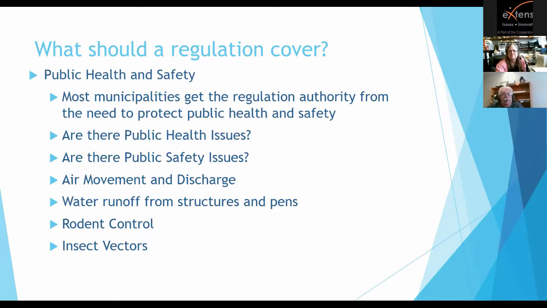So when they start talking about regulations, many times you will see it says in the interest of protecting public health, or in the interest of protecting public safety. They have to start regulations and ordinances with those types of language, because that's where they get their authority from. So what are the issues?